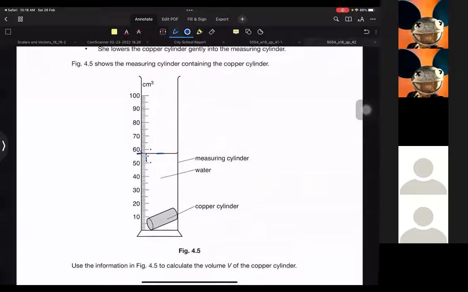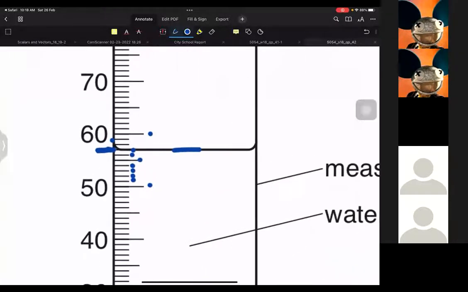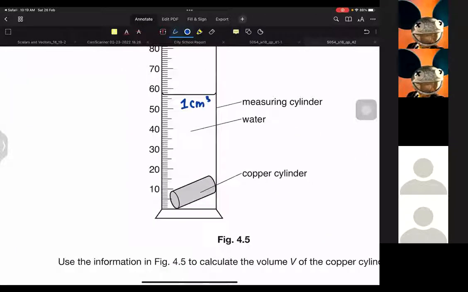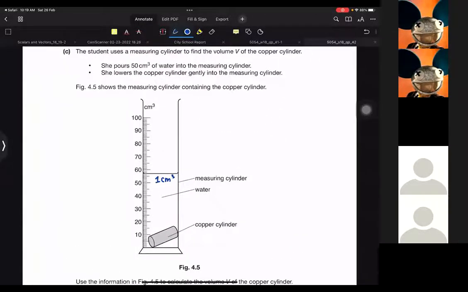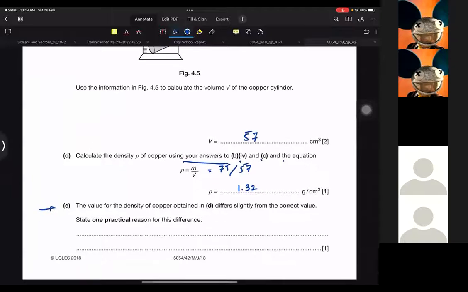Now, the other reason is that although the reading is exactly on this, this whole thing is accurate to 1 centimeter cube only. So we could also write that this measuring cylinder has less precision, right?